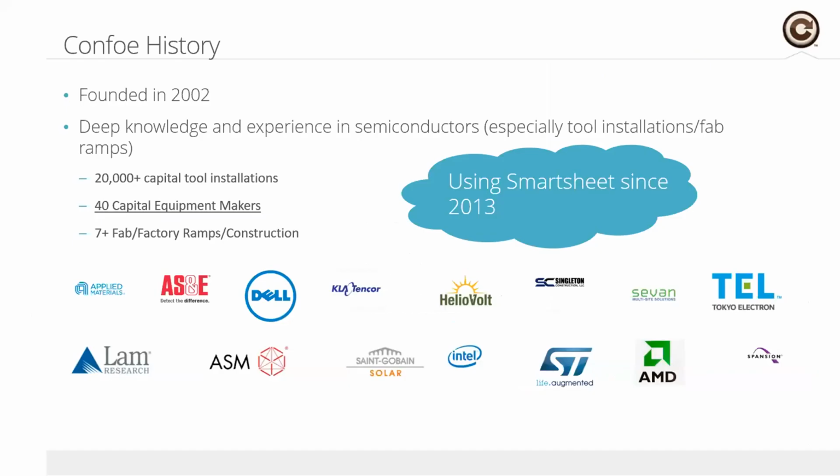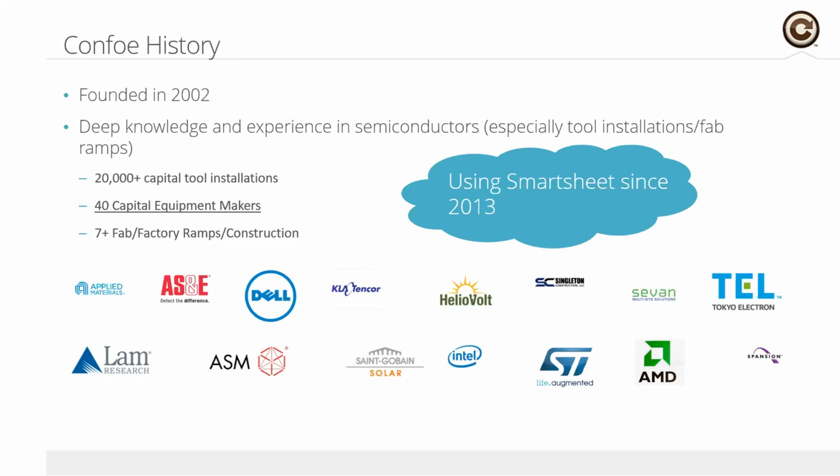A little bit about Confo. We were founded in 2002. We're really deep inside semiconductors, especially tool installations and fab ramps. We've been using Smartsheet since 2013, but you can see that we've been involved with thousands of capital tool installations. We've worked with virtually every capital equipment maker, current and past, and we've done several fab and factory ramps of construction.